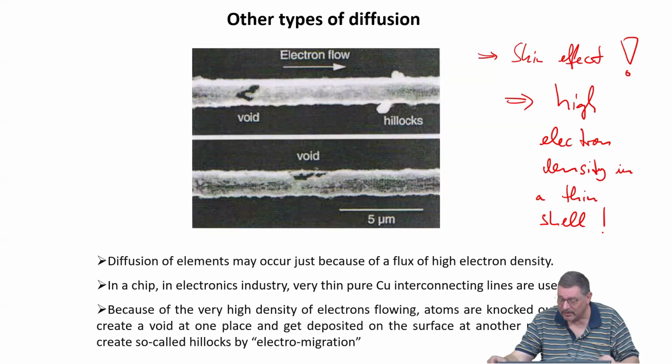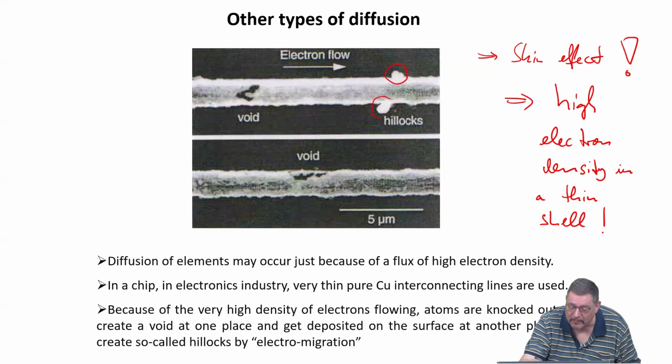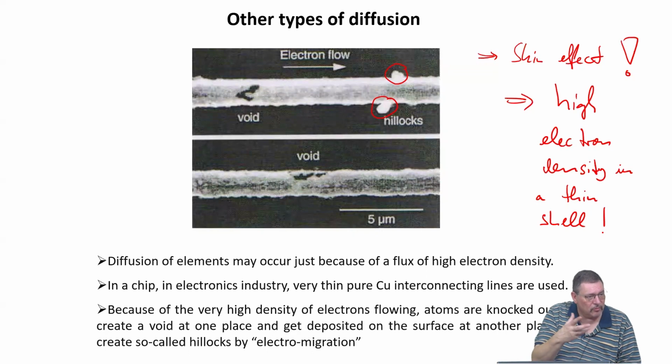And you see the outcome when you look at this wire. This is a wire which was initially very smooth, and then you see what is called hillock formation. This is a technical term from the electron industry, because this is a failure mechanism. You push atoms, and then they move along with the electron wind, they call it, so the flow of electrons.